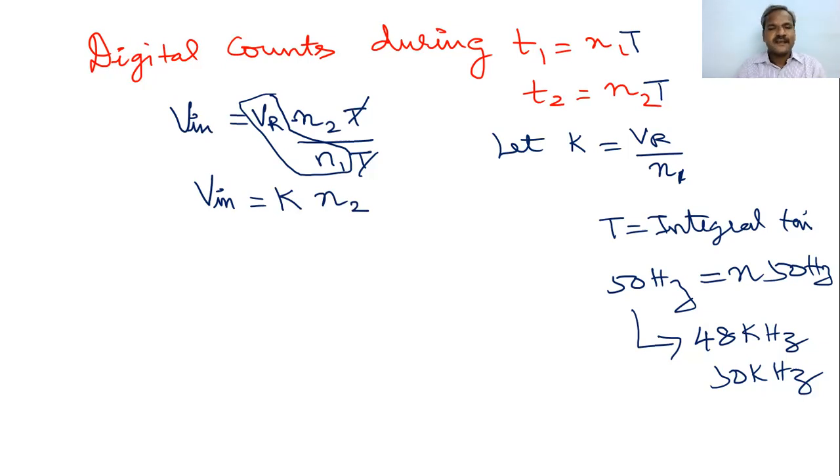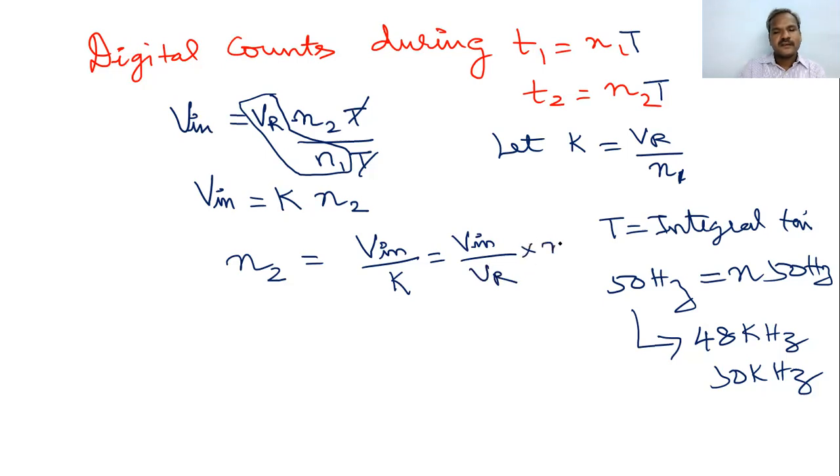N2 is the count during the negative period. N2 is the total number of pulses required. So N2, the total counts, equals V in divided by K. That is V in divided by V reference into N1.